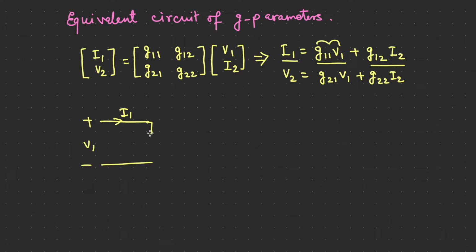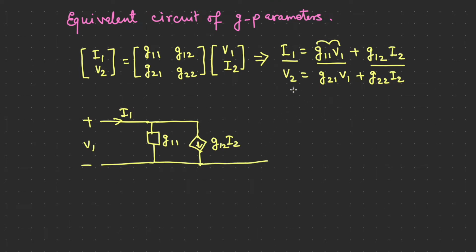The first current will be this, which is G11, so V1 across G11 will be multiplied and this will be one part of the current I1. And then another one is parallel to this, which is G12. So this will be a current source G12 I2. So it's a current dependent current source on the left hand side.